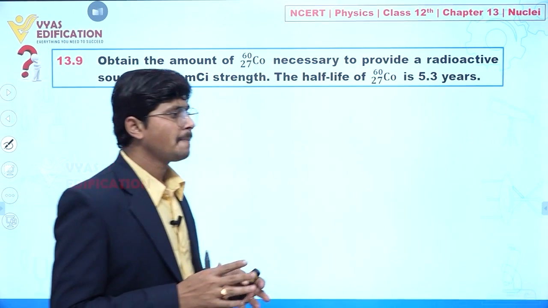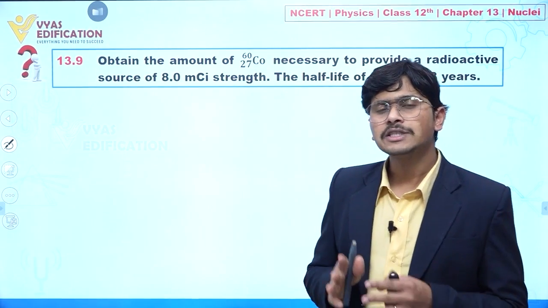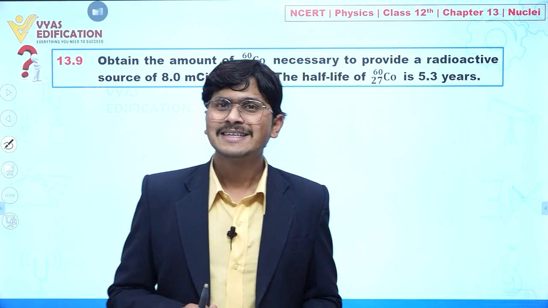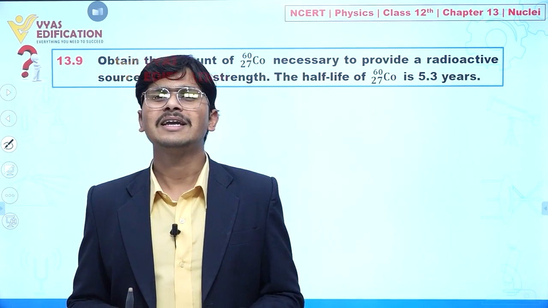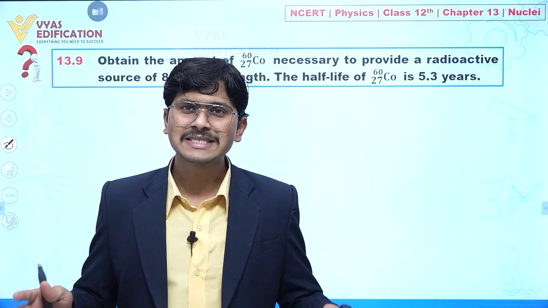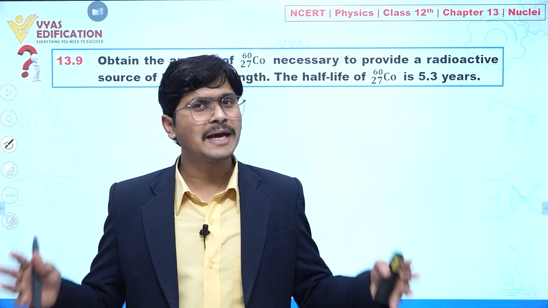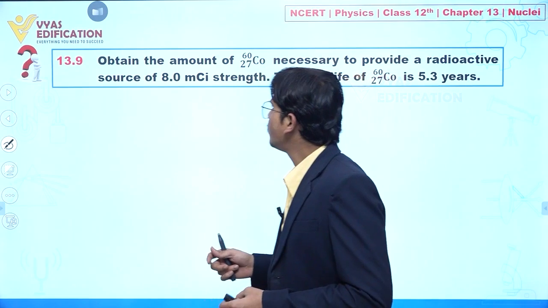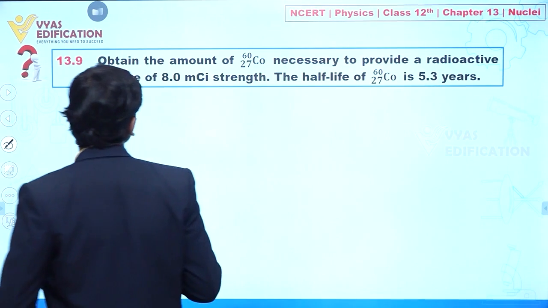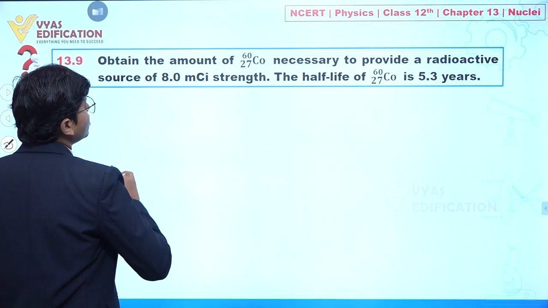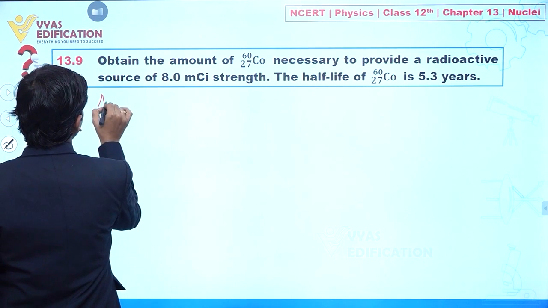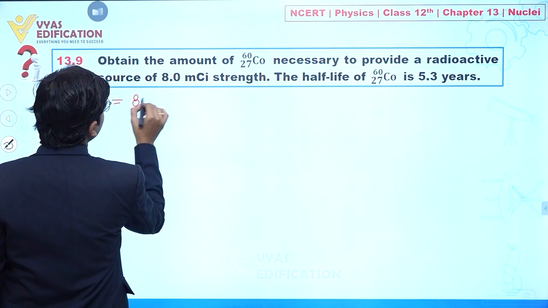So now you can see the value of activity is given to you in this question, but this activity is not in disintegrations per second or in terms of becquerel. Clear? So now what we can do, actually we can write it like this. Now if I talk about activity A, it is given to you as 8 milli.